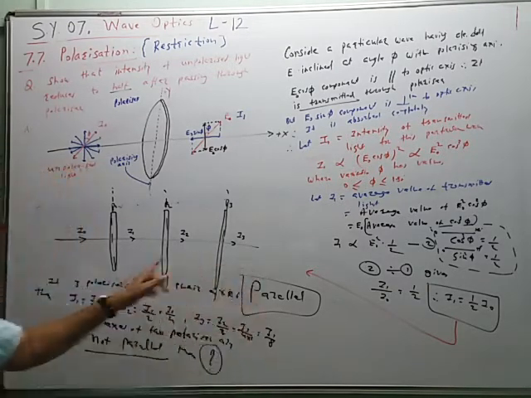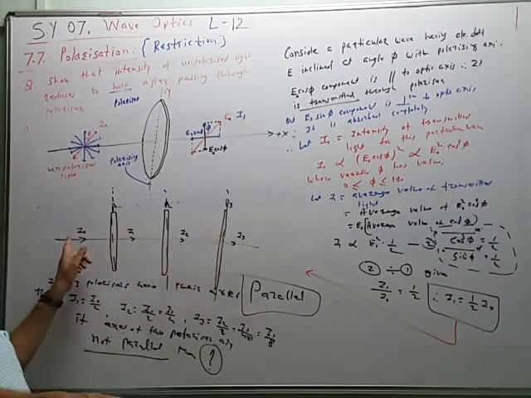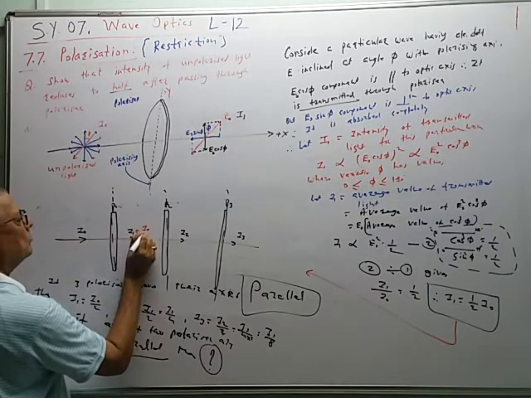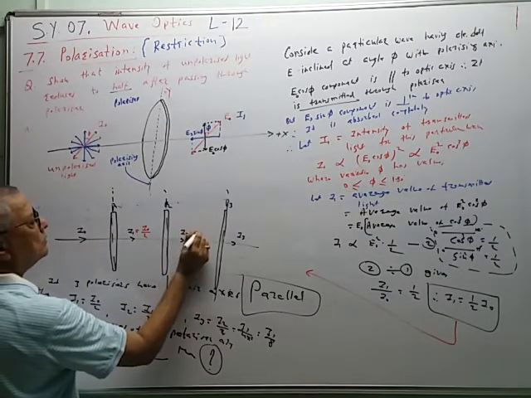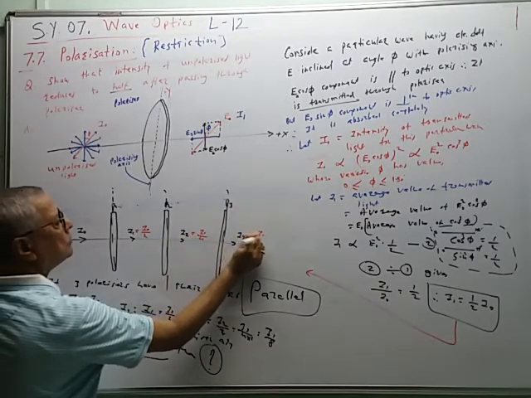हा प्रॉब्लेम मी का सांगितला त्याचं कारण लक्षात घ्या. If the axes are parallel, this is a simple rule. If intensity is I0, then this is equal to half, I0 by 2. ही त्याच्या अजून निम्मे झाली, I0 by 4. This is equal to I0 by 8.